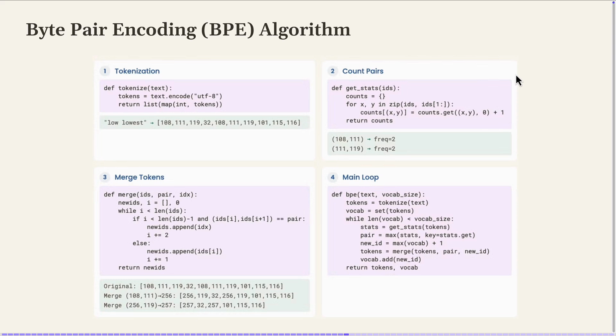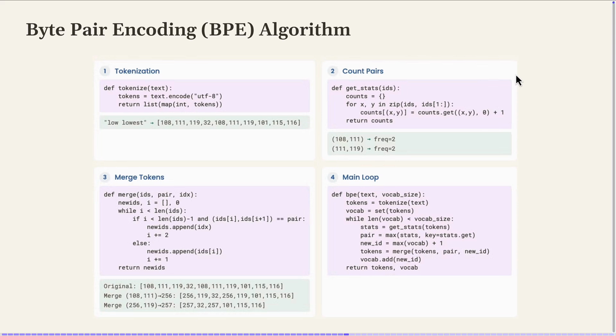Let's take this one, so we will do a merge. 108, 111 will be merged to a new token 256, and this next pair will be mapped to a token 257. Of course we are now working on UTF-8, meaning the maximum value is 255, so now we have a new type of tokens here.